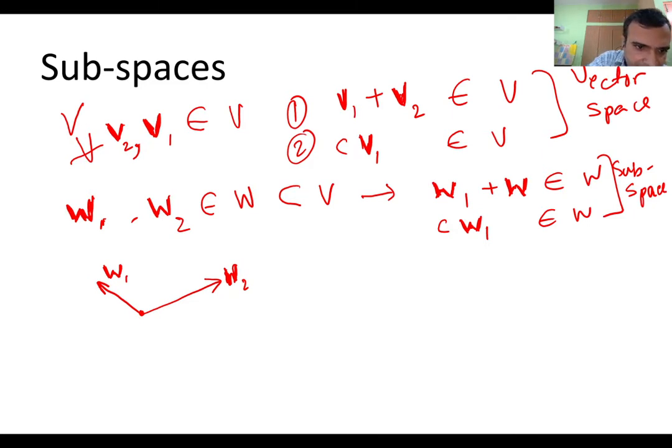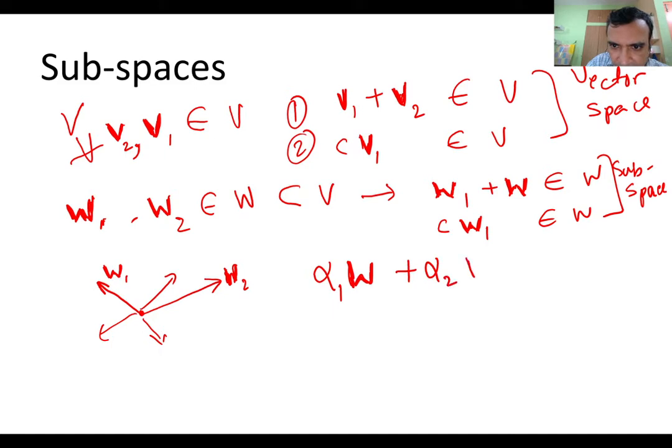Now any other vector in this hyperplane can be represented as alpha 1 times w1 plus alpha 2 times w2, where alpha 1 and alpha 2 are scalars that belong to the set of real numbers. So all of these belong to the same vector space W, even in the three-dimensional world, with just two numbers.